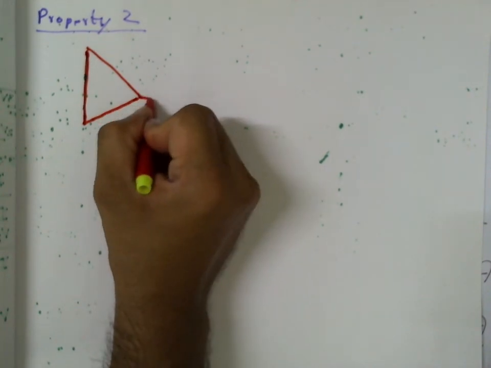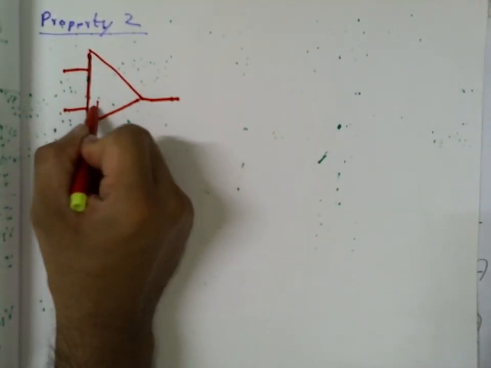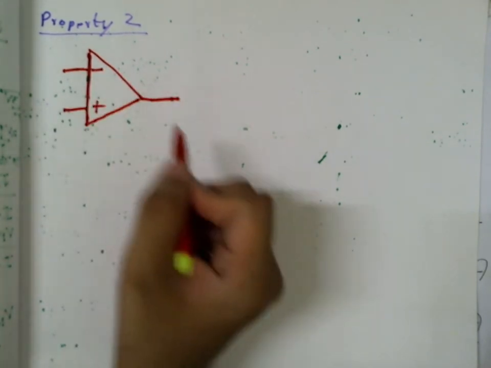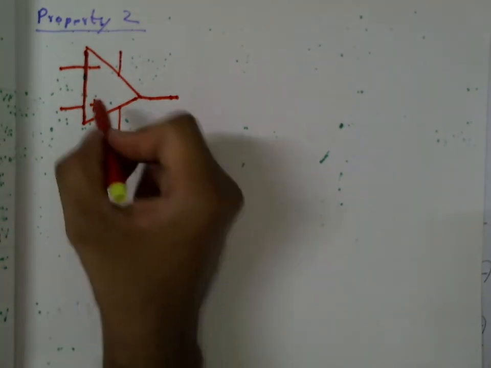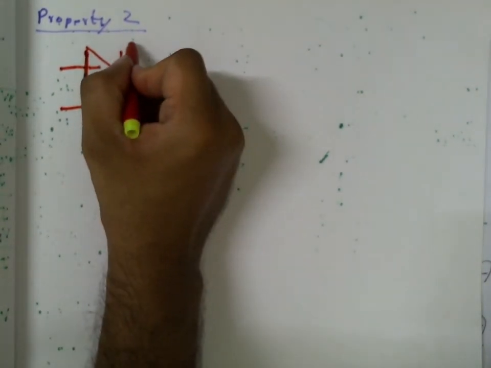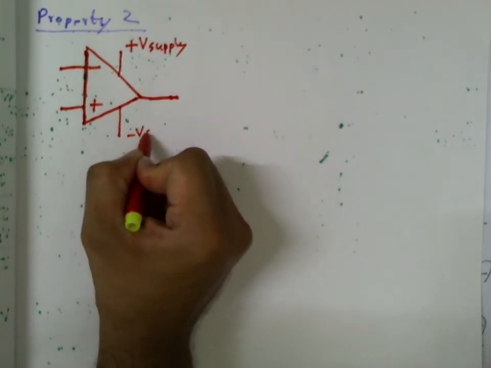It has one output, two inputs, one denoted as plus, another denoted as minus. It has two power supplies. Power supplies are drawn like this. One of them is positive, plus V supply, another is minus V supply.